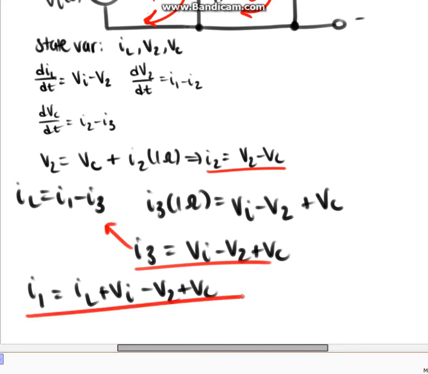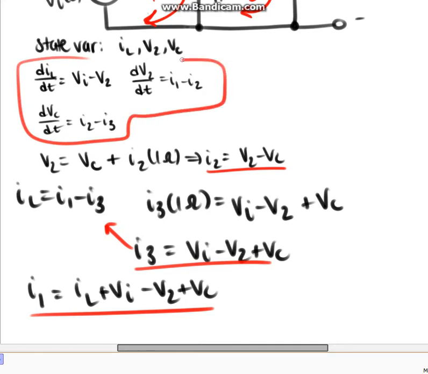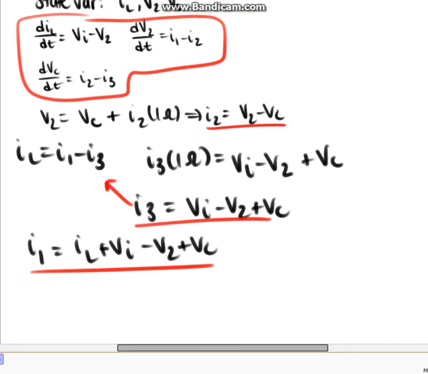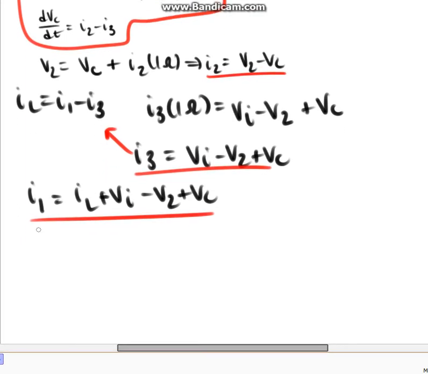Yay! We found the three equations that we need to complete our equations up here and write the final answer. After plugging in I2, I3, and I1 respectively, we end up having, well, dIL/dt was already in terms of the state variables, but we'll rewrite it anyway: VI minus V2 equals L dIL/dt.